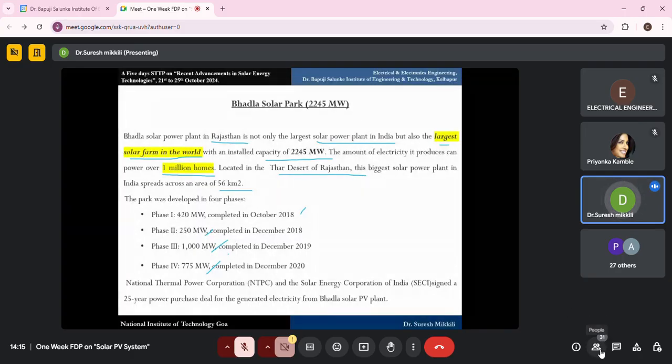The entire plant is in collaboration with NTPC, National Thermal Power Corporation, and Solar Energy Corporation of India, SECI. Together they have signed an MOU of 25 years. So this is the first one, the highest one, 2245 megawatt.